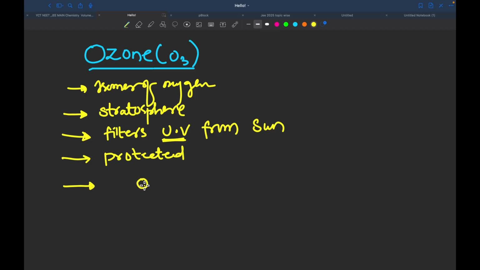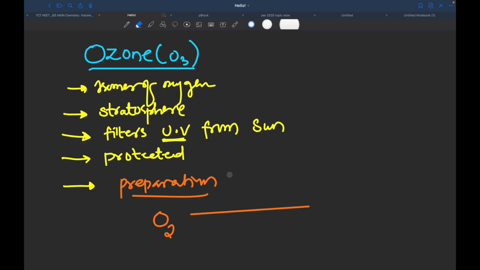So oxygen gas. How do we prepare this? There is only one preparation. That preparation is oxygen gas when subjected to silent electric discharge.